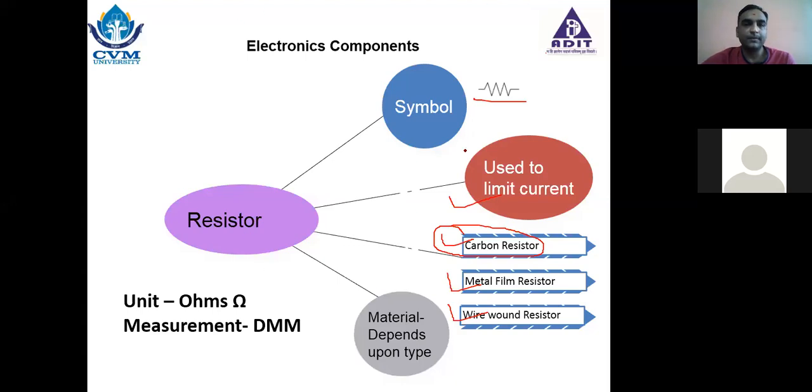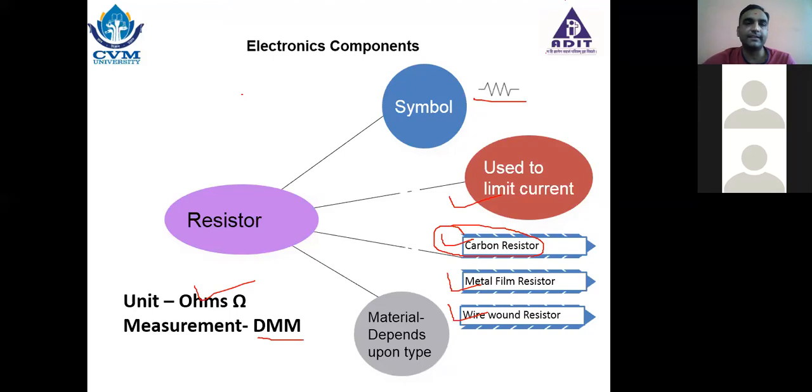So these are the three basic types of resistor. Material will depend on which resistor it is. Its resistance unit, we all know, is ohms. And how to measure? If it is a carbon resistor, you can find it with the color code. But in the laboratory, we use a device, I will show you, the DMM, called the digital multimeter. That device is used to measure the resistance.